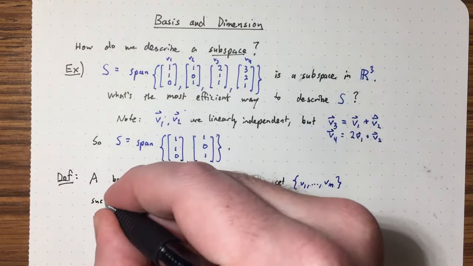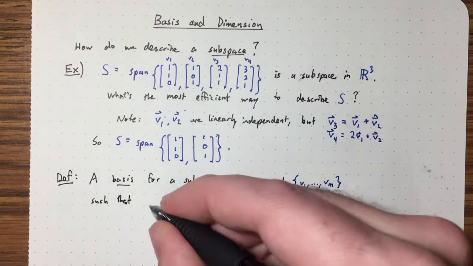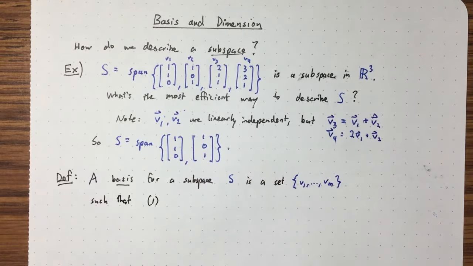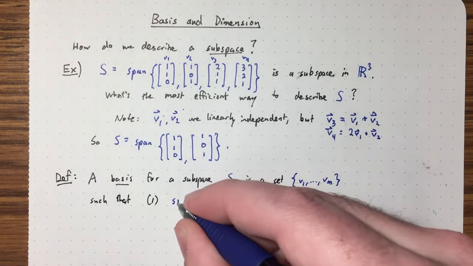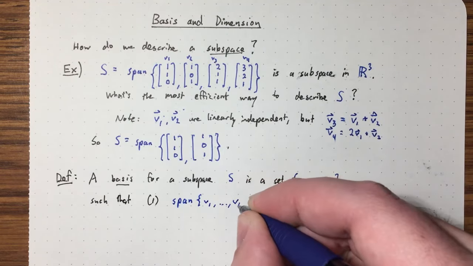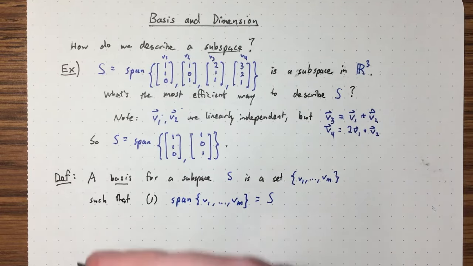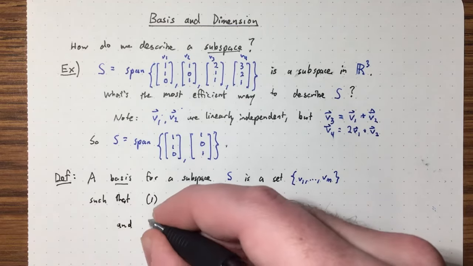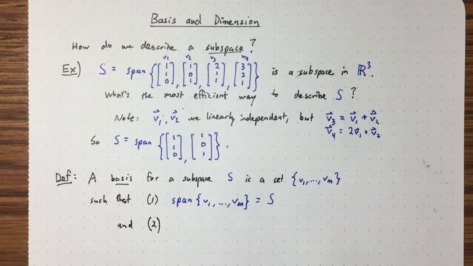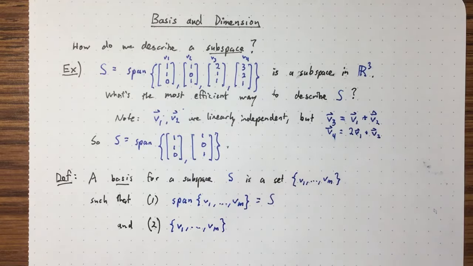Such that, well, we need two things. First of all, we need these vectors to span S. So the span of v1 all the way up to vm is S. And I need all the vectors in the set to be linearly independent. So v1 up to vm is linearly independent.